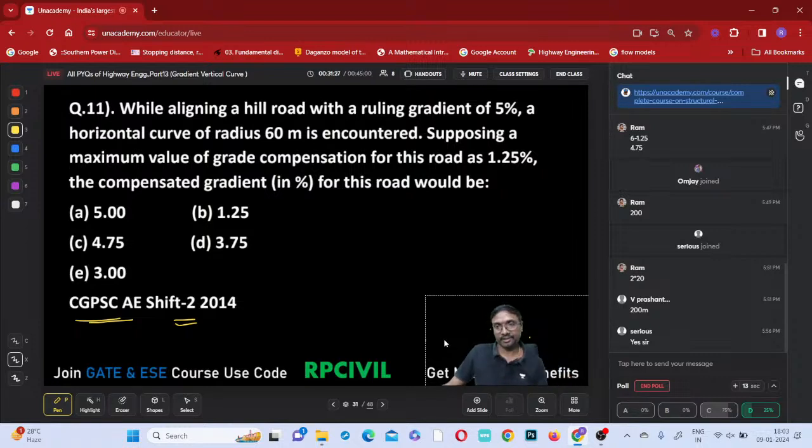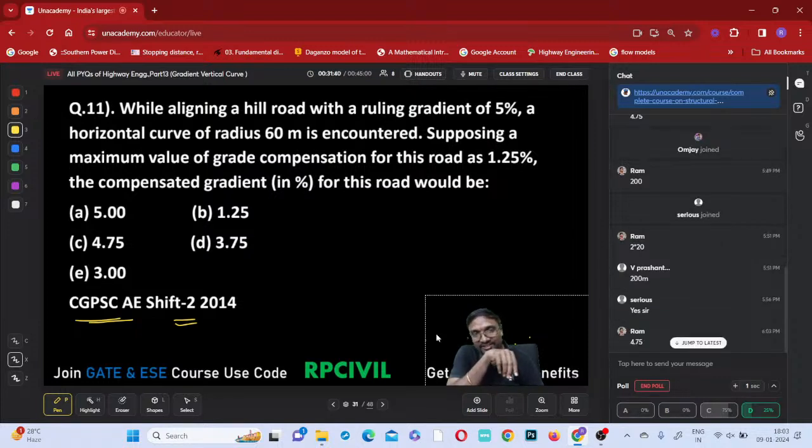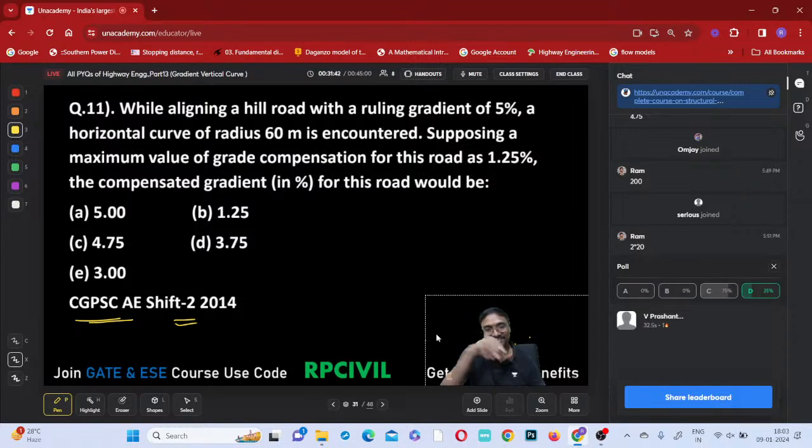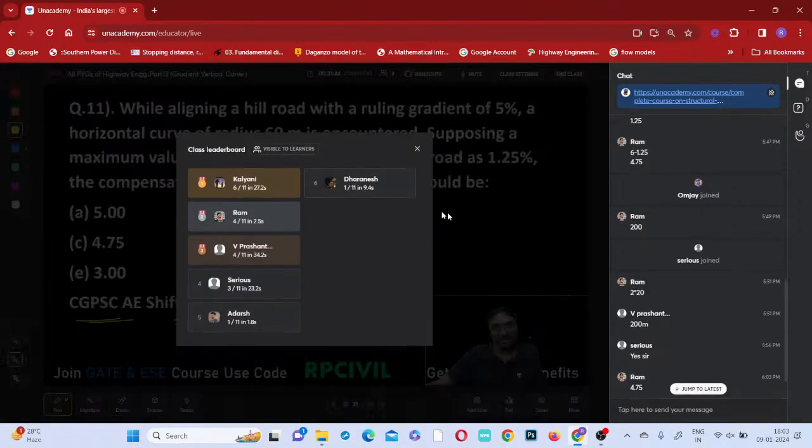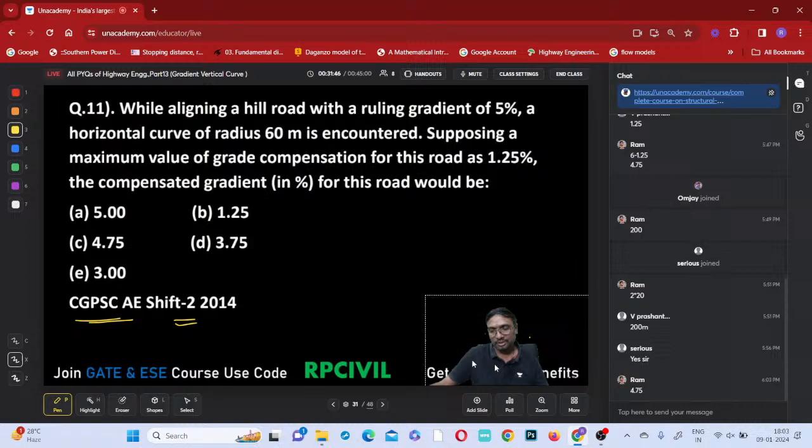Okay, we'll check it. This is from CGPSC, the Chhattisgarh Public Service Commission. Mostly Chhattisgarh will always give five options.